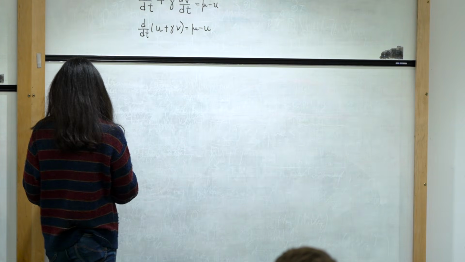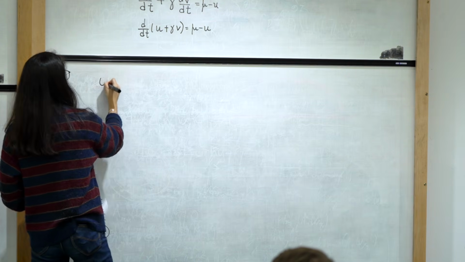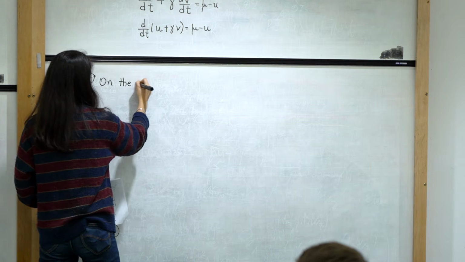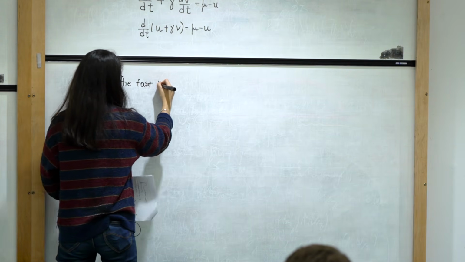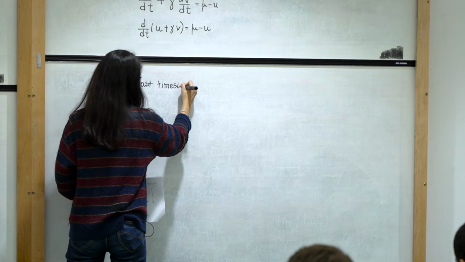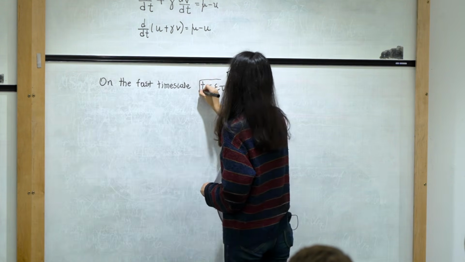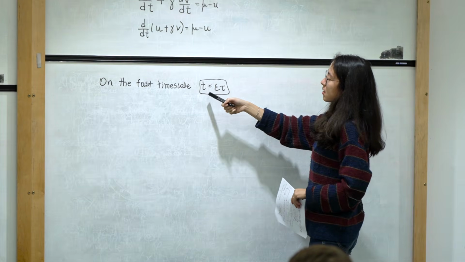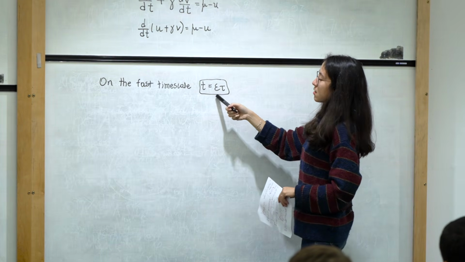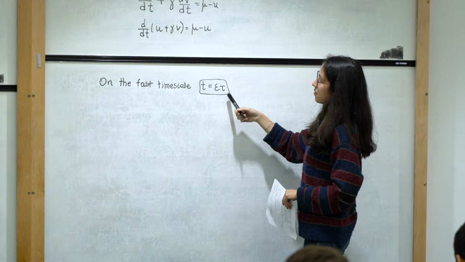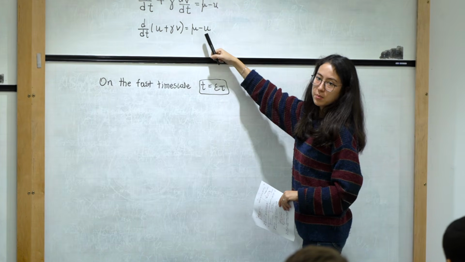And now I will do a rescaling. So if we have a fast time scale, we can write t is equal to epsilon tau. Now just replace wherever you see d dt by d d tau. There will be an epsilon term that appears.